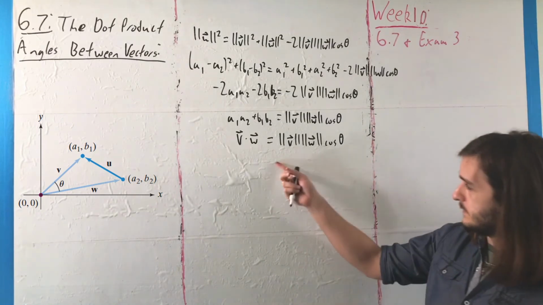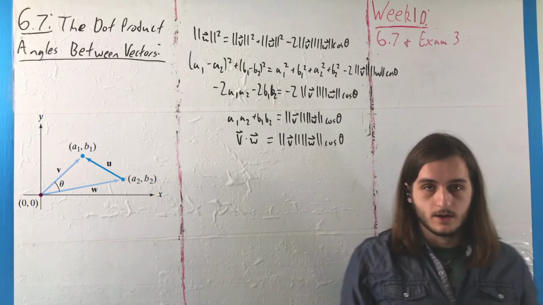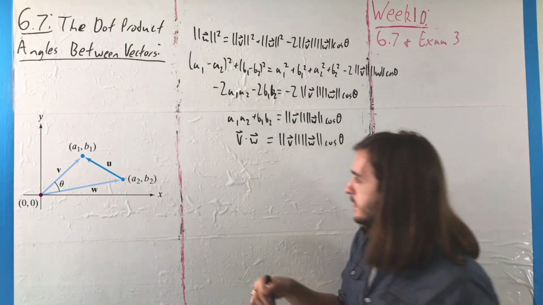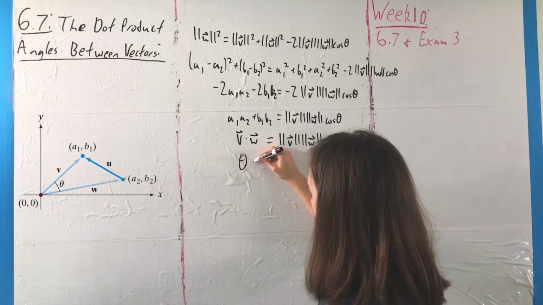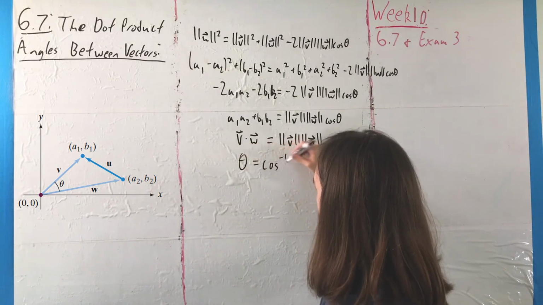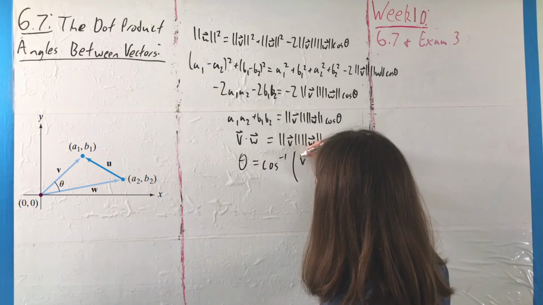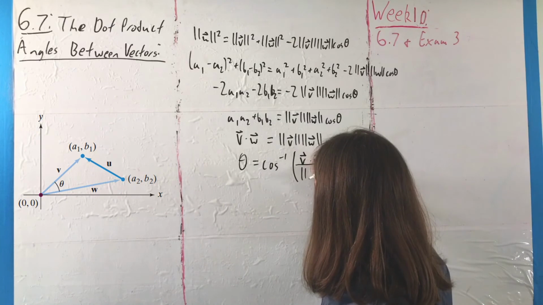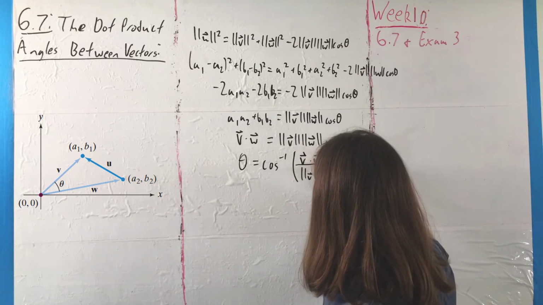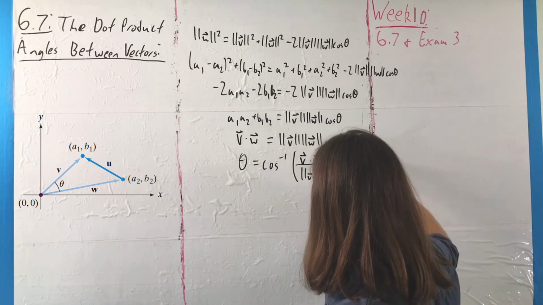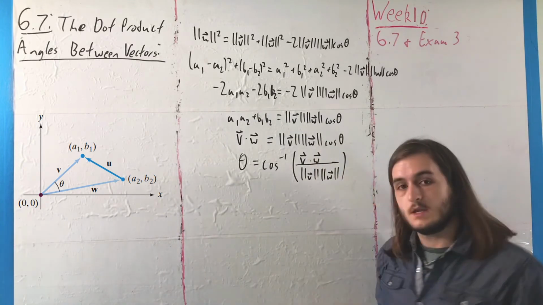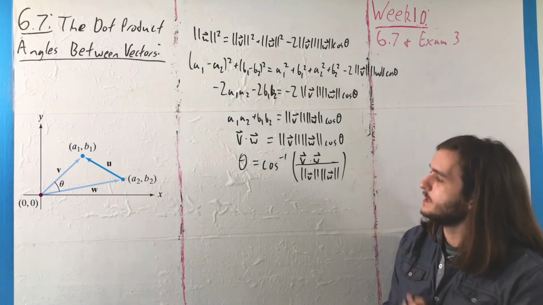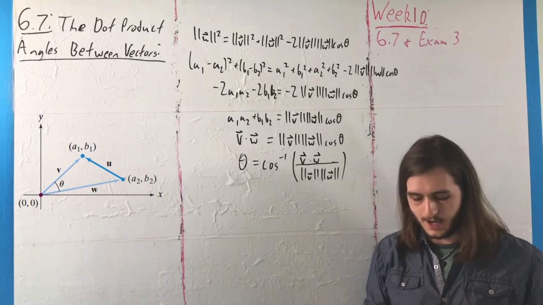And in particular, if we want to turn this around and get our angle theta, we can divide over those magnitudes and take an inverse function, where we would say that theta is equal to inverse cosine of the dot product of v and w, divided by the product of their magnitudes. This is how we can find our angle between two vectors in terms of their magnitude and their dot product.